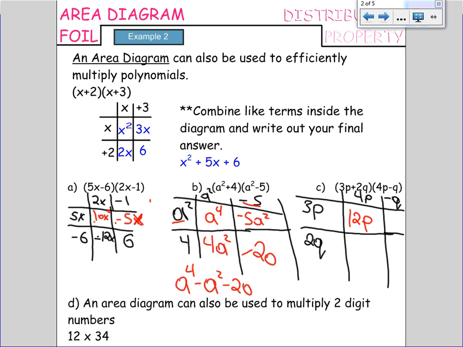Murphy, I get that, but why do exponents add? Okay, I'm going to show you. P squared times p squared. You're asking why do we add the exponents? If we had p squared, it's equal to p times p, correct?